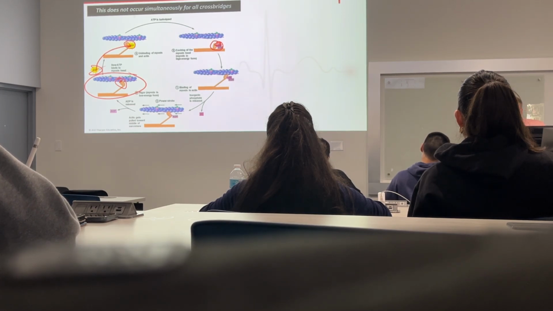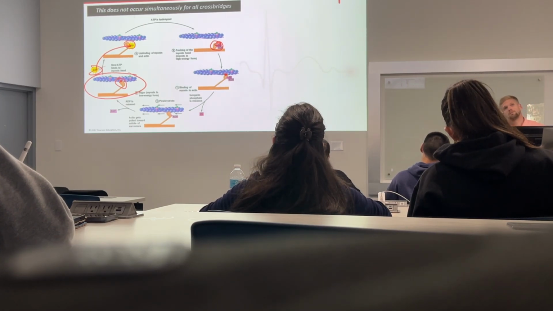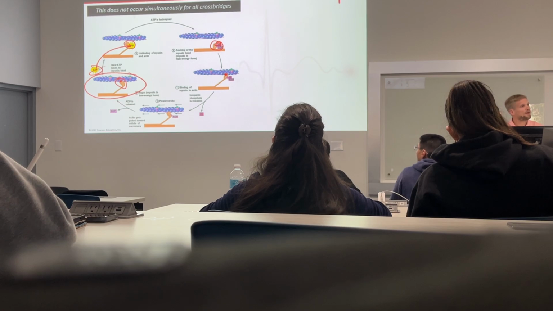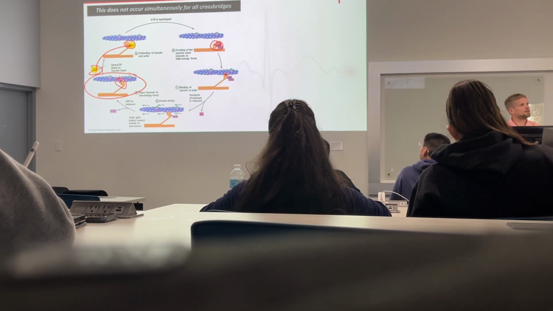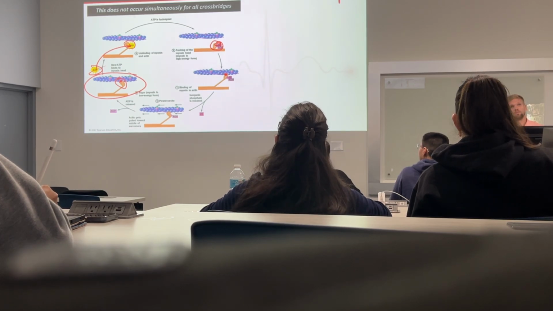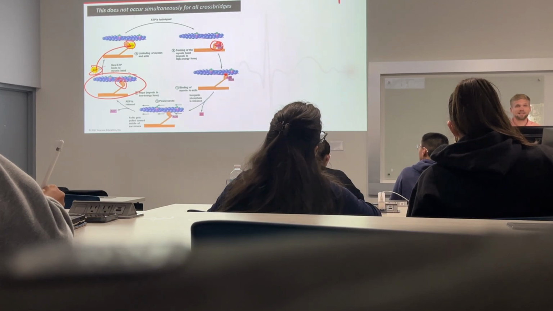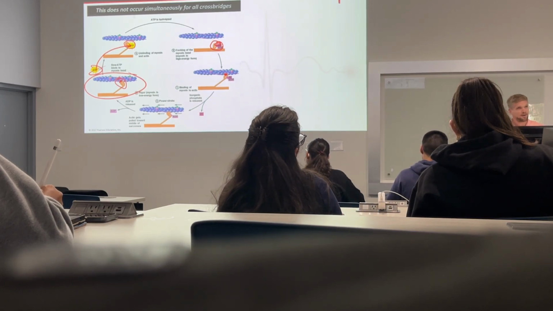Then it cocks back upwards and grabs on to a new myosin binding site on a different globular actin. Although, during something like an isometric contraction, it could potentially grab onto the same one.